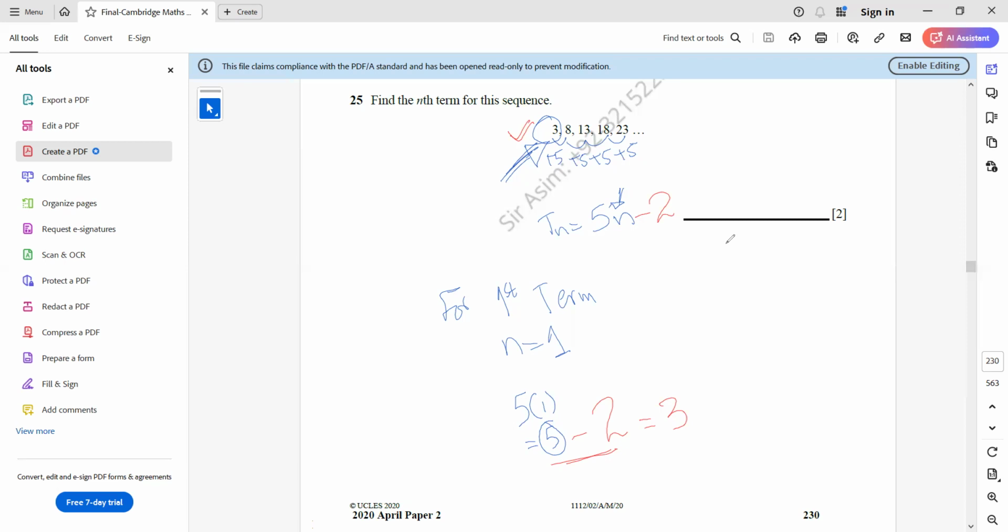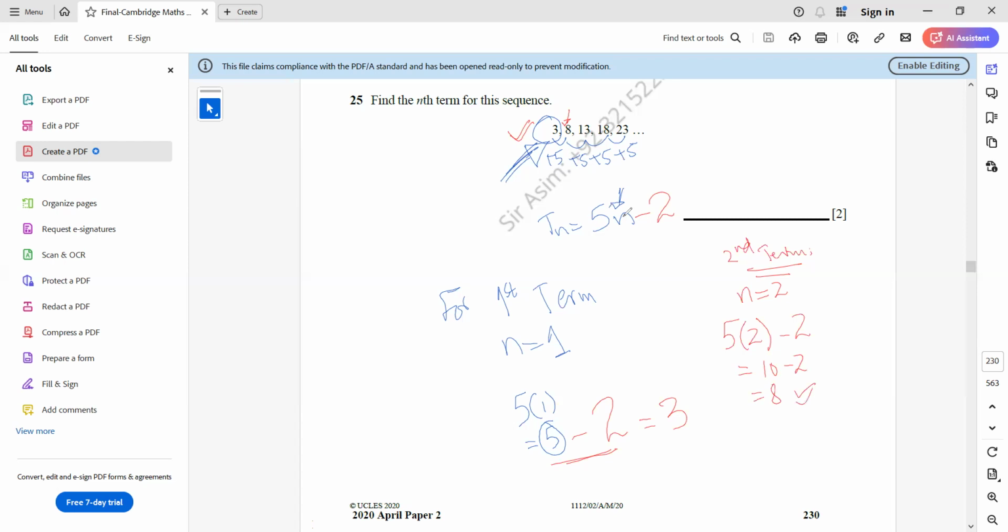You can check it out, for example, to see whether your nth term is correct or not. If you replace n equals 2, that should give you the second term of the sequence, which is 8. So 5 times 2 minus 2. 5 2s are 10. 10 minus 2 is 8.